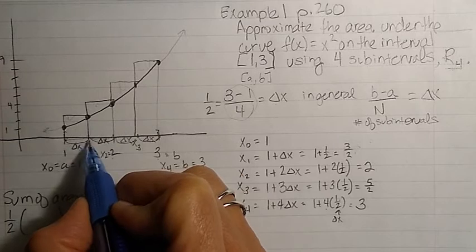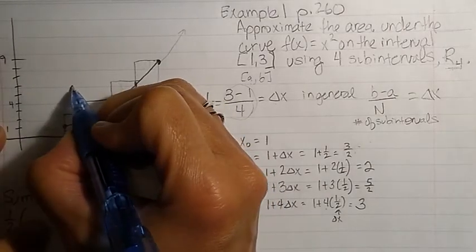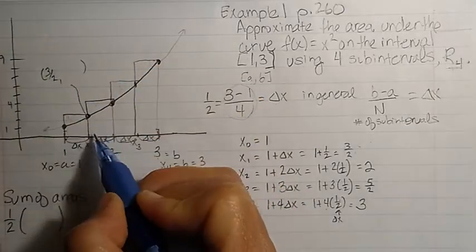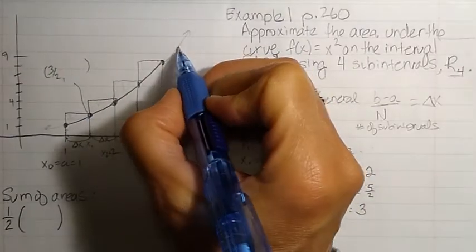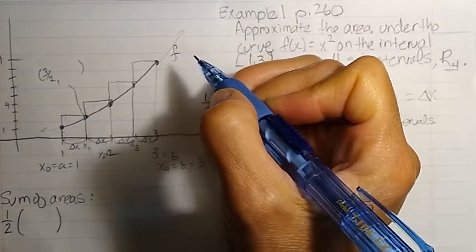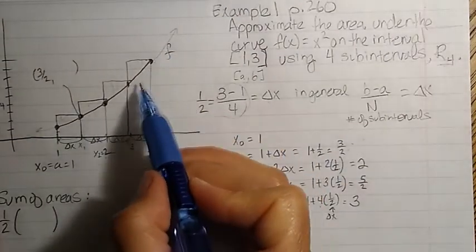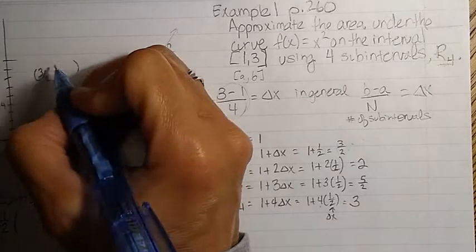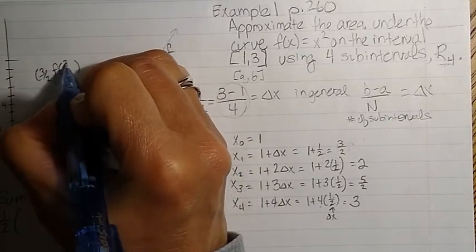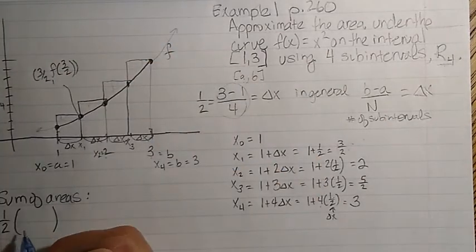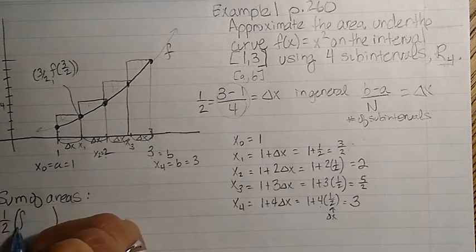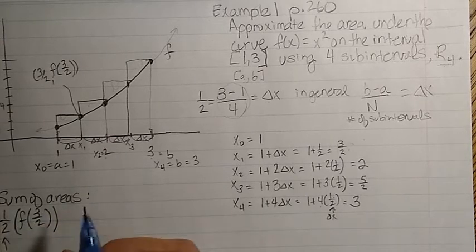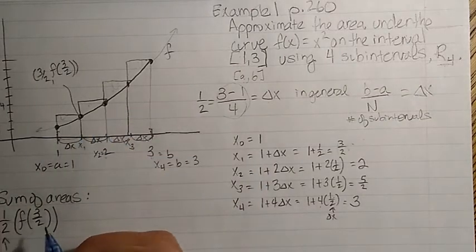So while the x-coordinate is 3/2, how would we figure out what the second coordinate is? Well, remember that points on this curve are points of the form x, comma, f of x. So we just need to figure out what f of 3/2 is. So that's the height of the first rectangle. Here's the width.